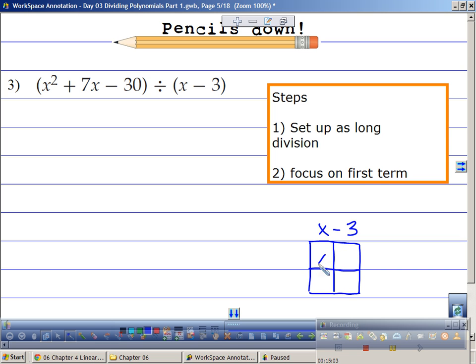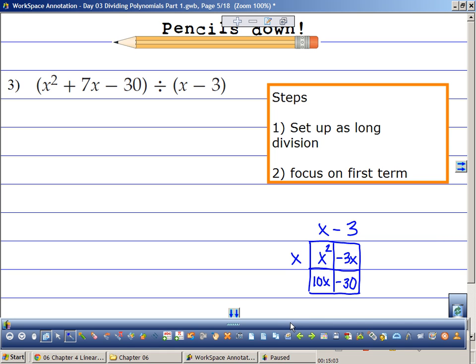What times what makes x squared? What normally goes here? Negative 30. X times negative 3 makes what? Negative 3x. Look at this number up here. What do you think this is? So what do you think this is?